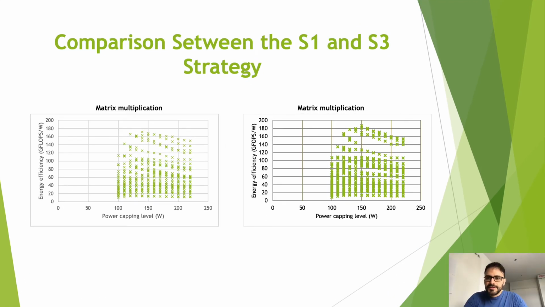When we compare the S1 and S3 strategies, we see that both of them follow the same pattern. The reason is that the search space in the S3 strategy is a subset of the search space in the S1 strategy.